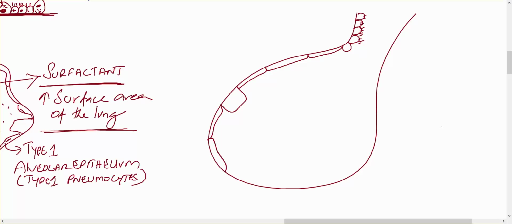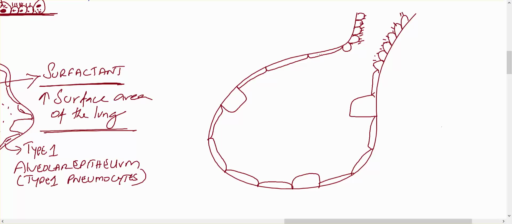Flat cells are type 1 epithelium, and cuboidal cells are type 2 epithelium. This is type 1, type 1, this is type 2, type 1, and this is ciliated pseudostratified columnar epithelium.